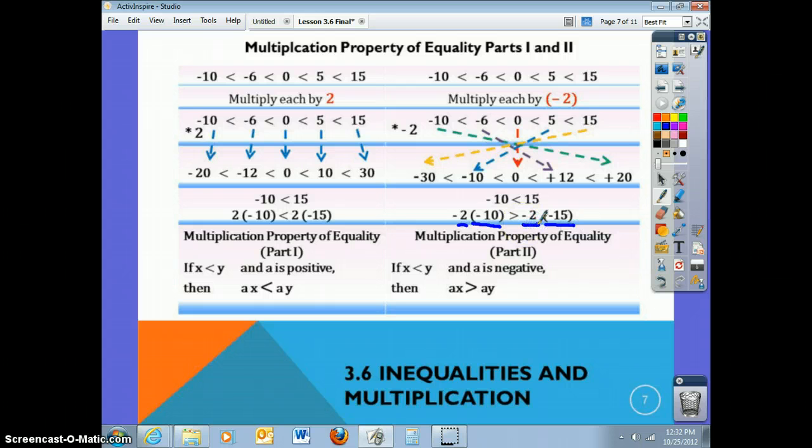So I cannot say that the left-hand side is still smaller than the right-hand side. I now have to say that the inequality has flipped around. And that's the multiplication property of inequality, part 2. If I have a number x less than a number y, and another number a which is negative, and I multiply a times x and a times y, the inequality symbol needs to flip.